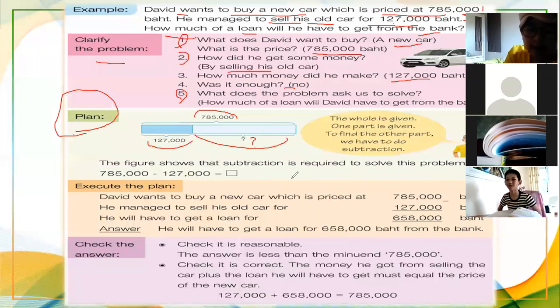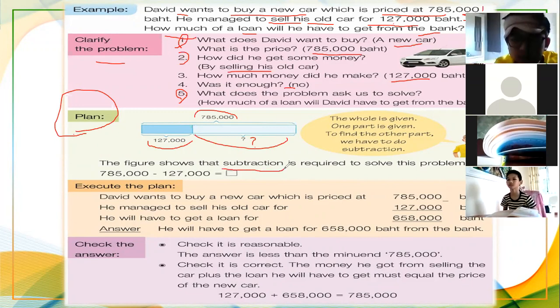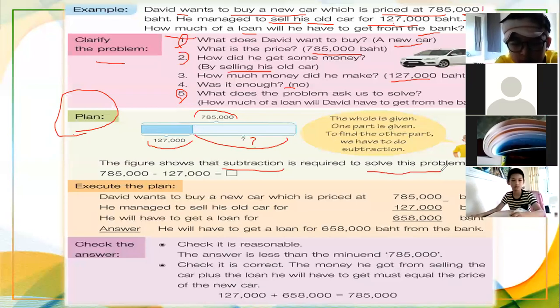What do we require here, addition or subtraction? Students, in this problem, what do you think? We need addition or subtraction? You can see here, we require subtraction. Okay, subtraction is required to solve the problem.